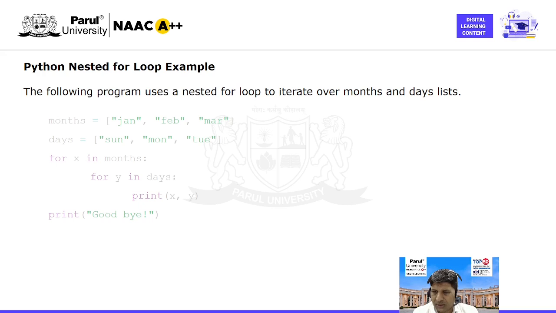And the second loop, it means inner loop, takes the values from days one by one, and once the days are completed, then again the outer loop, that is x, takes another value from month. For x in month, first take Jan and take from days y, Sunday, Monday, and Tuesday. After completion of the complete loop, it prints goodbye.